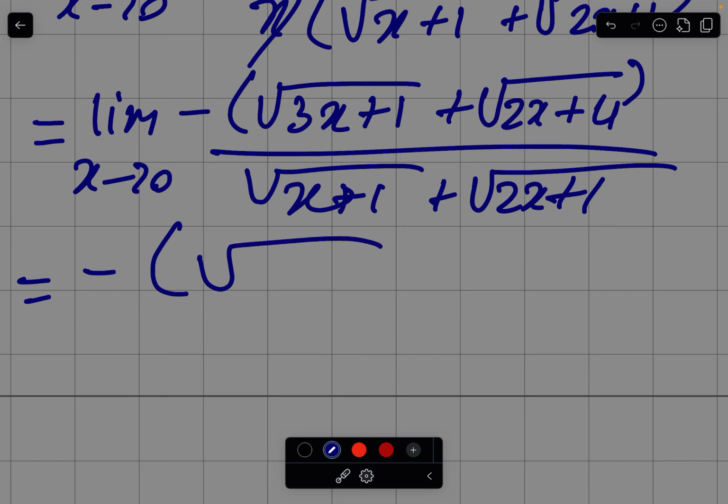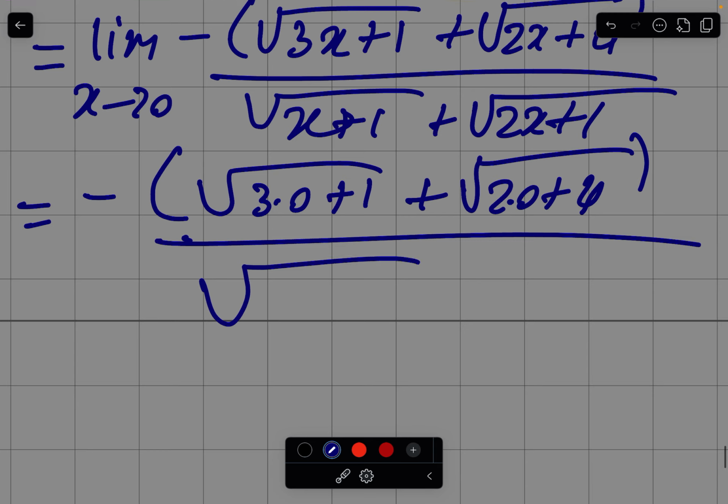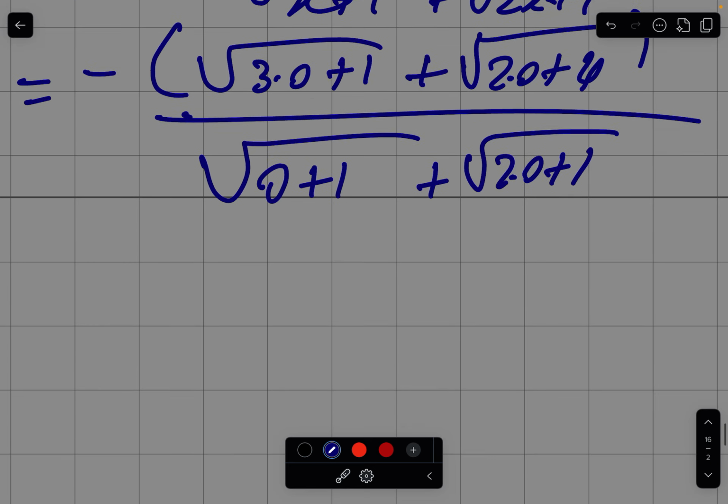You have negative into the square root of 3 multiplied by 0 plus 1 plus the square root of 2 multiplied by 0 plus 4, the whole divided by the square root of 0 plus 1 plus the square root of 2 times 0 plus 1.